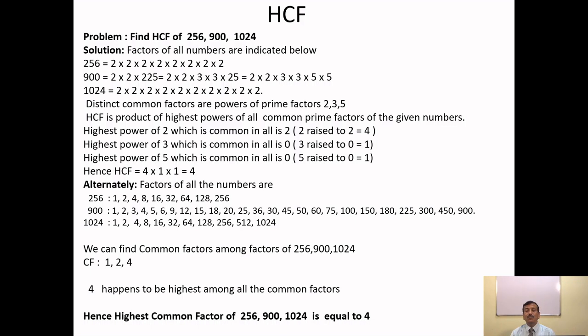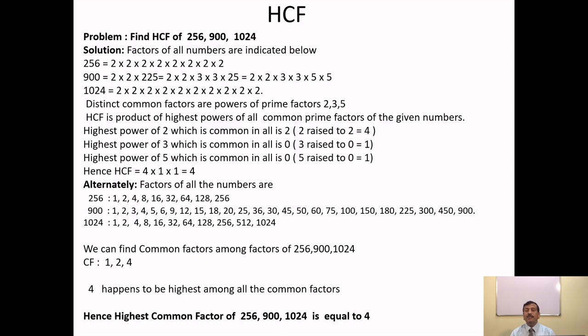The power of 2 which is common in all: 256 is 2 to the power 8, while 900 has 2 to the power 2 as a factor, while 1024 is 2 to the power 10.